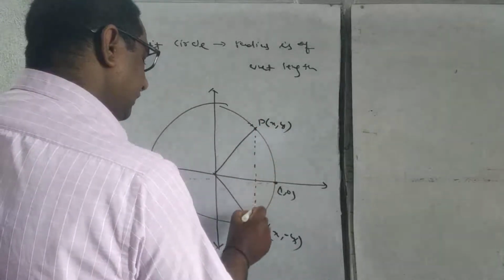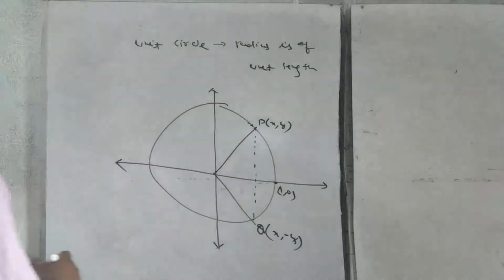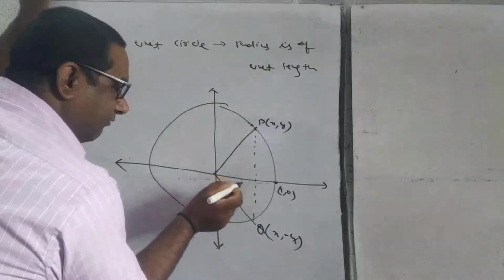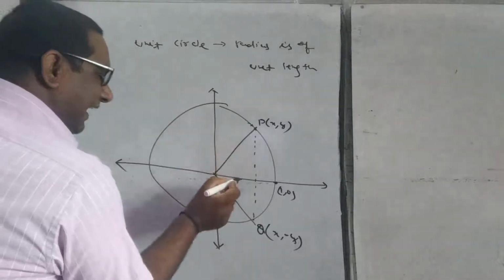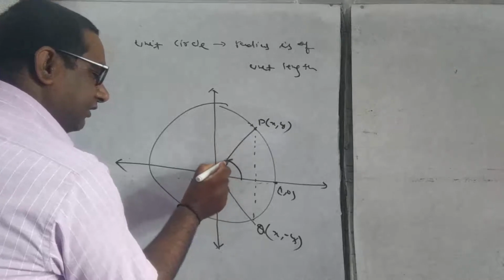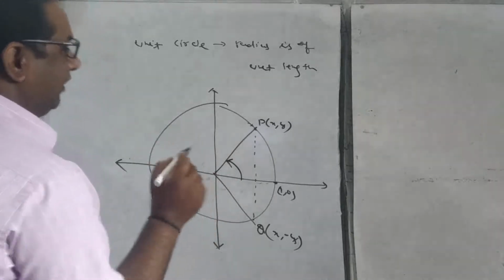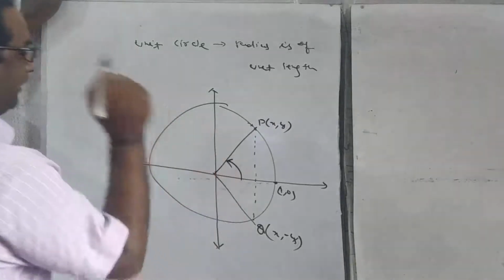Please join this slide. If a point moves in the anti-clockwise direction, then the angle is positive. First of all, you note down this thing.